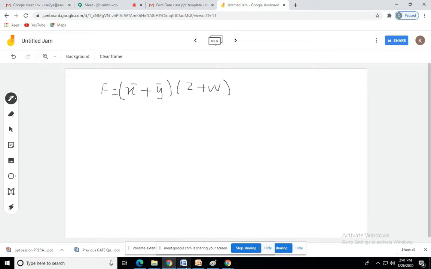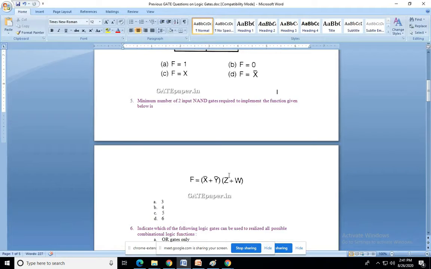This is the expression given. For this expression, we have to implement the circuit with NAND gates, and that NAND gate should consist of two inputs.